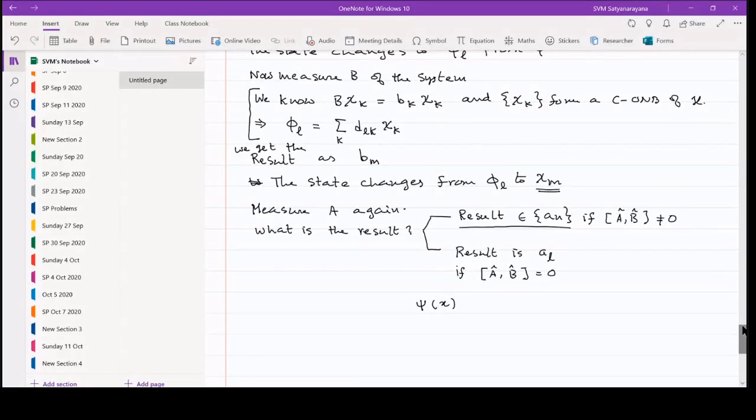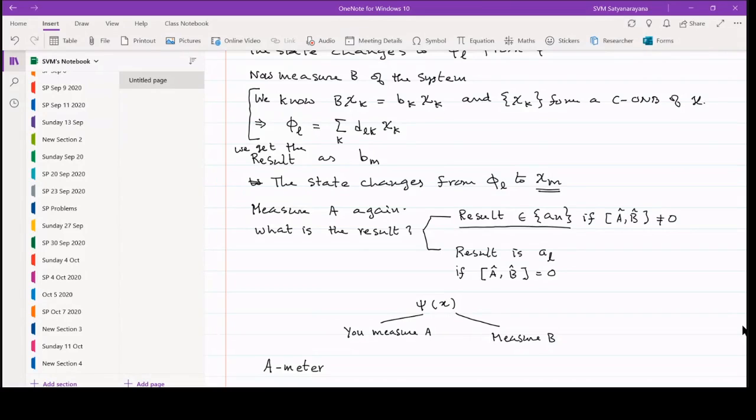Now, let's say that you measure A, and somebody else measures B. Or you want to measure A and somebody else wants to measure B. If you are approaching this system with your A meter, you are taking your A meter and approaching this system.